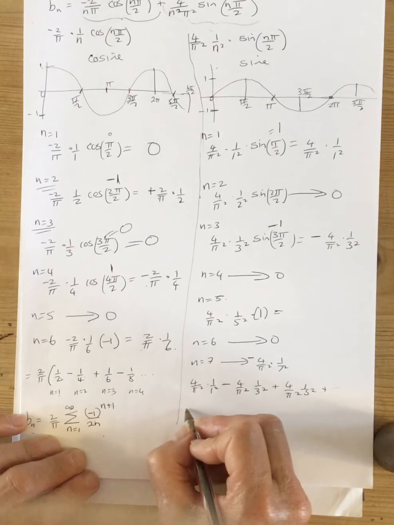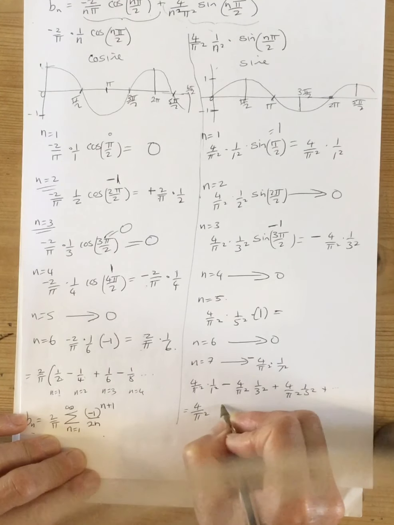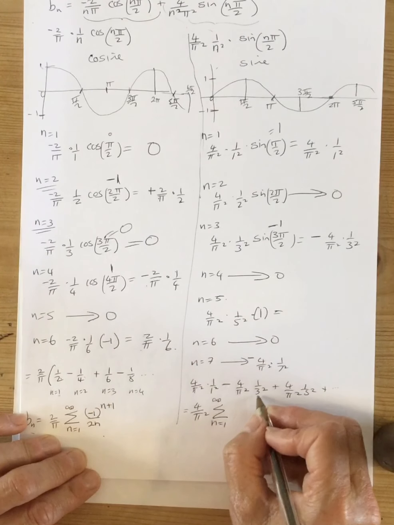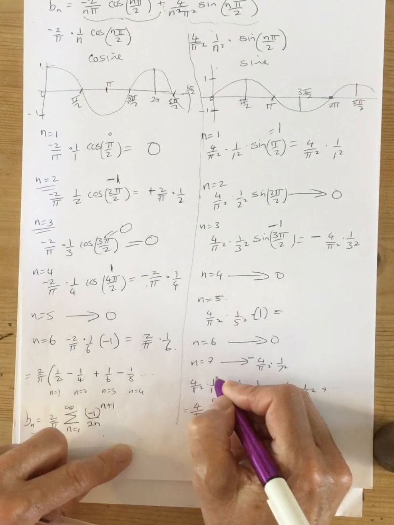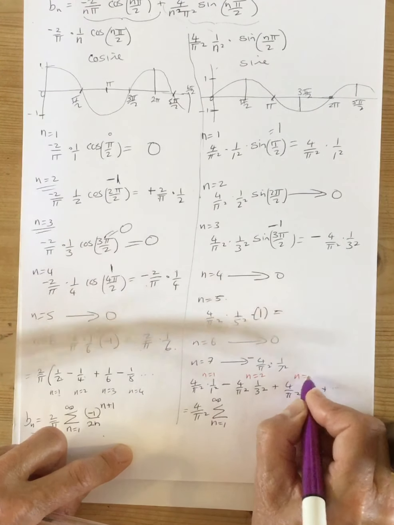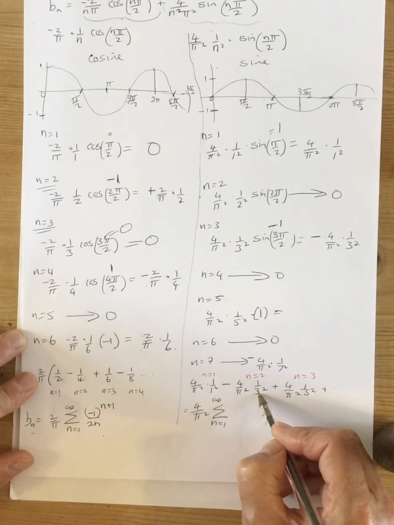So you can see there's a pattern here again. So that's going to become 4 over pi squared times sigma n equals 1 to infinity. Our terms are n equals 1, n equals 2, n equals 3, and so on. You can see that 3 squared is going to be 2n minus 1.